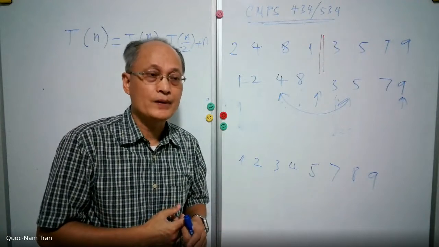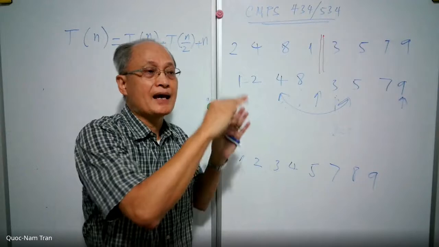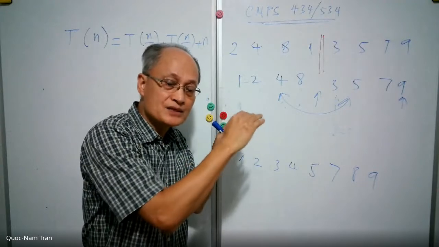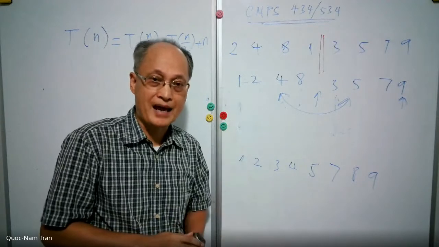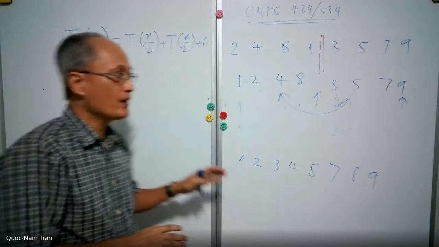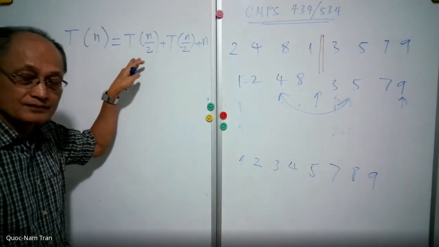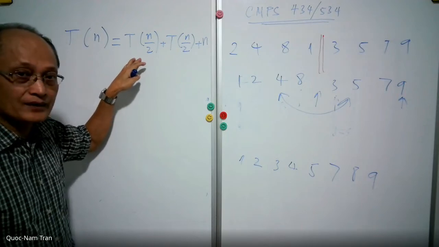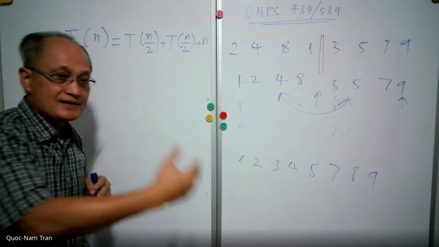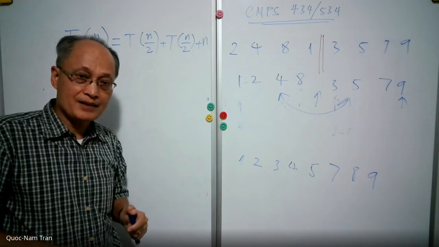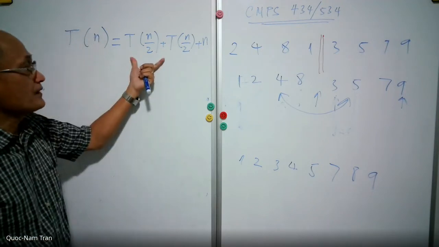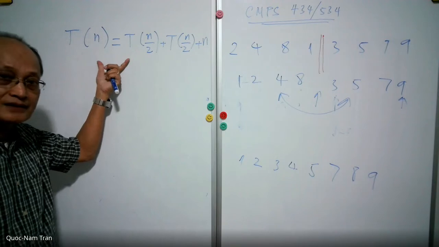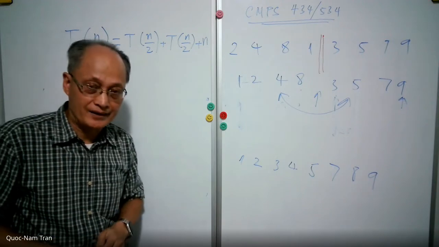That's why we can analyze the number of steps the algorithm has. Here we have a recursive algorithm, and when we analyze the performance of a recursive algorithm, it involves a formula like this, which is what we call a recurrence.